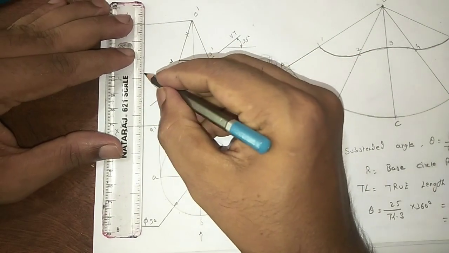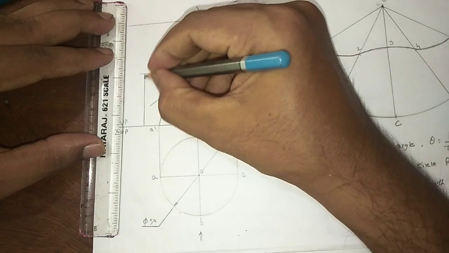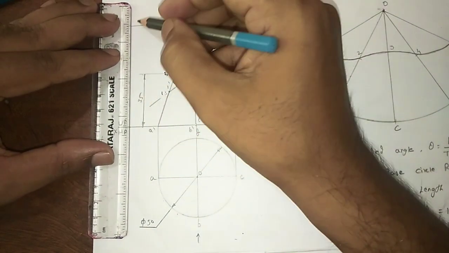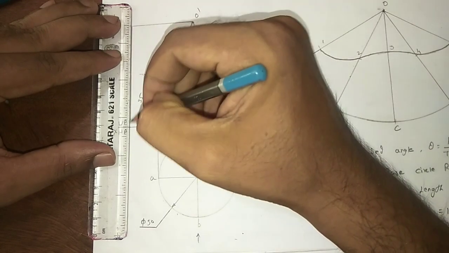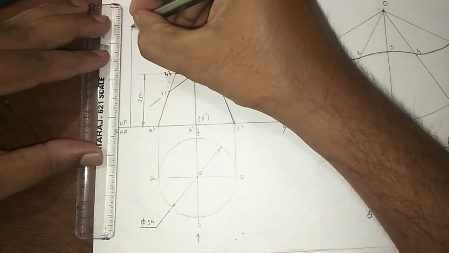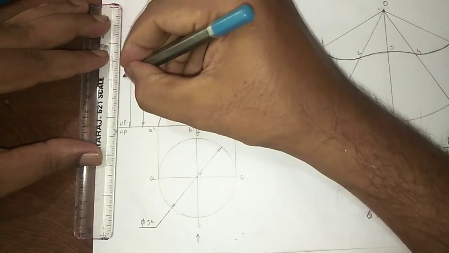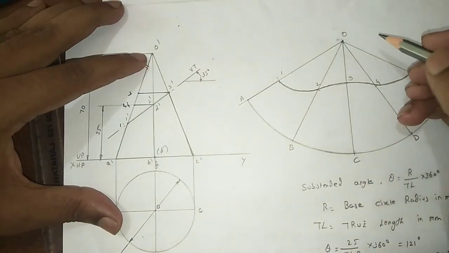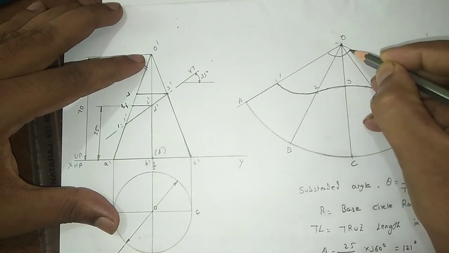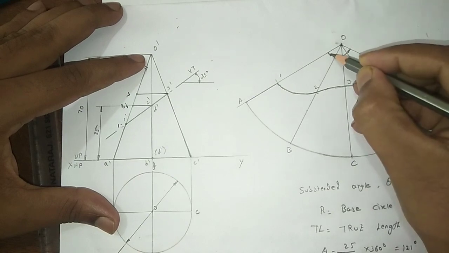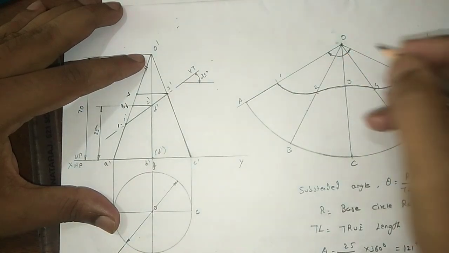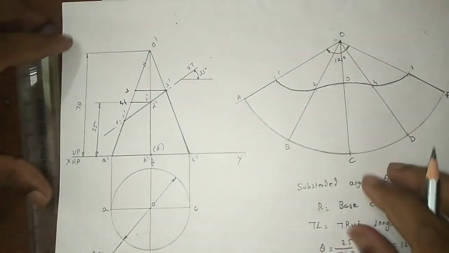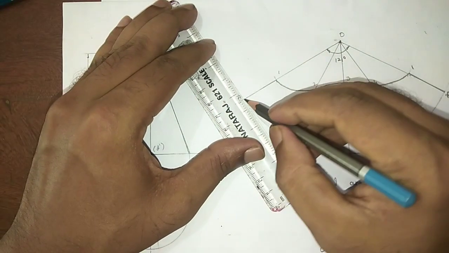This value is 35, and here 10 mm distance, and here the height is 70 mm, and here the subtended angle value is 121 degree, and this one is the true length or slanting length.